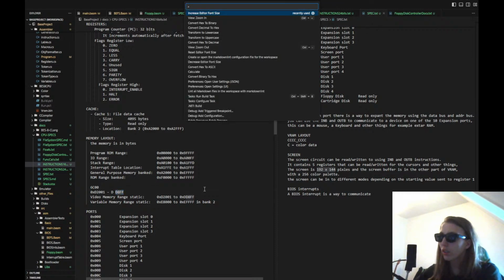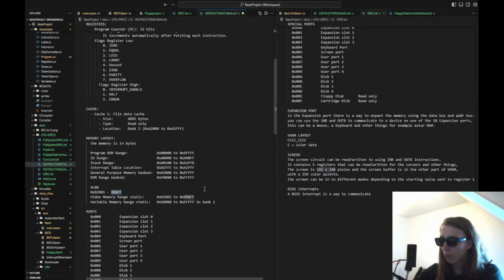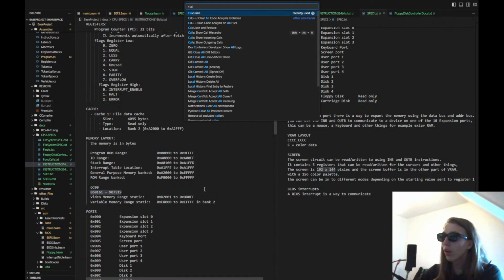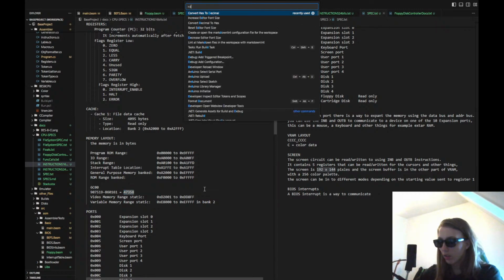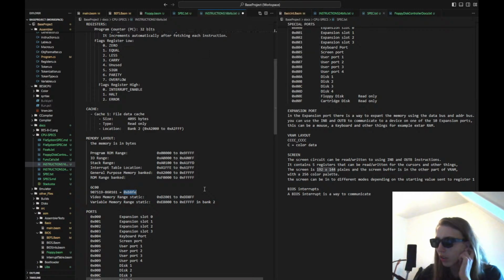Can I maybe do hex to decimal? I actually think that's correct. Oh fuck. Calculate decimal to hex. That's nearly 2 times? Oh yeah, 2 times. We don't need that.